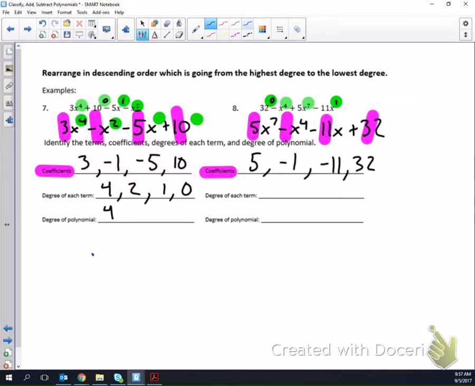The degree of the terms, the degrees are the exponents. So in order, 7, 4, 1, 0. The degree of the polynomial, 7. It's just the highest one.